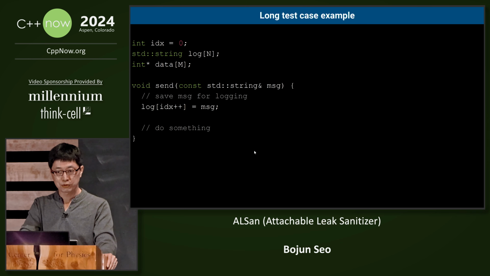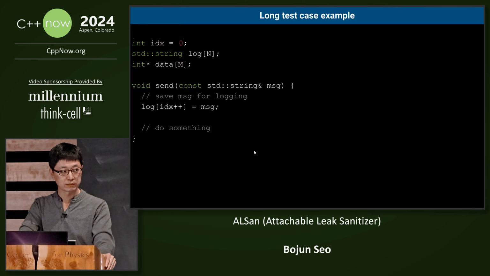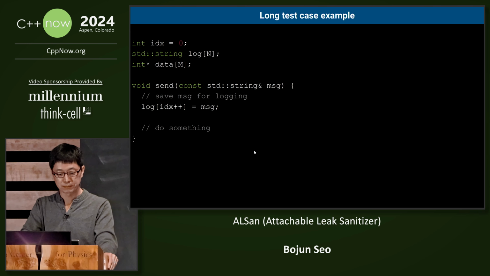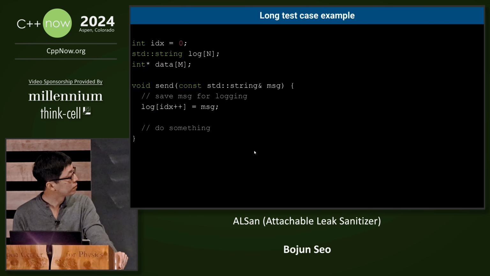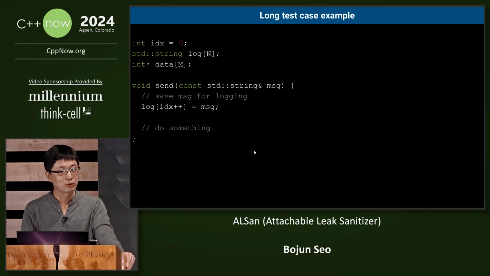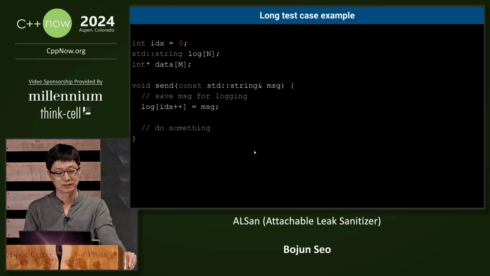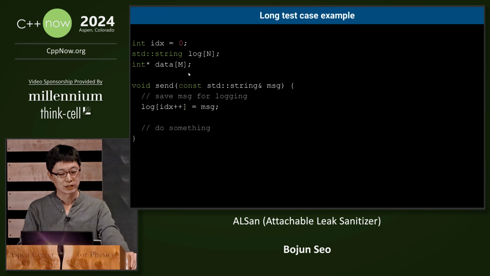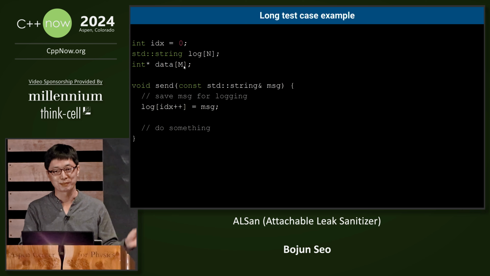Can you find something weird in this example? Pretty simple. Not a weird bug, I mean. Where are n and m defined? M I just skipped, but you'll eventually overflow your log.